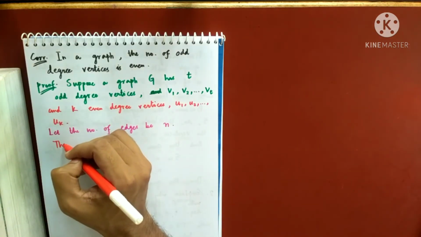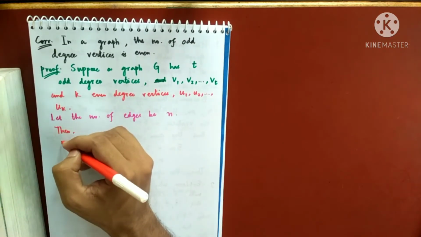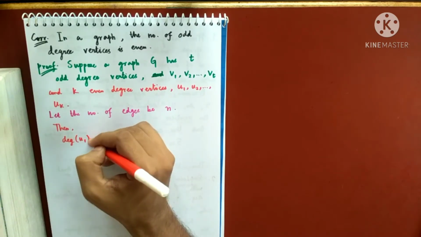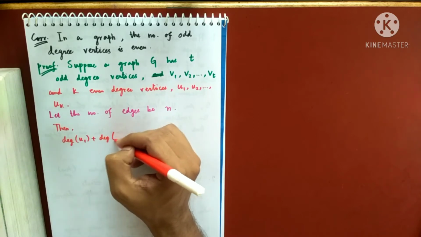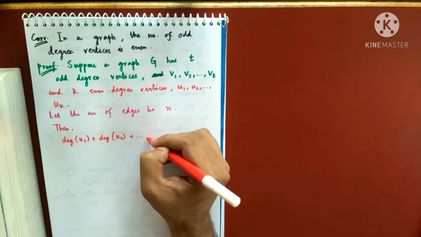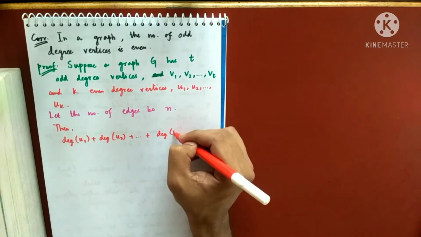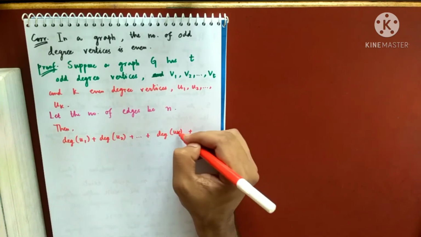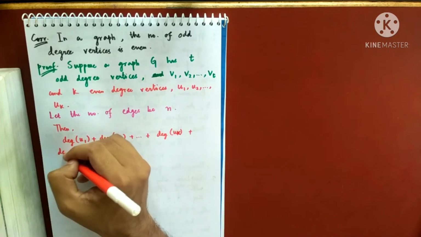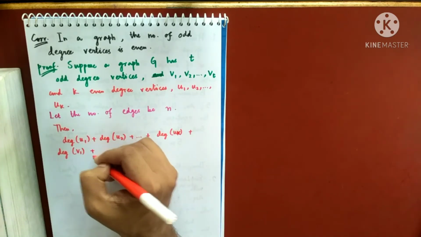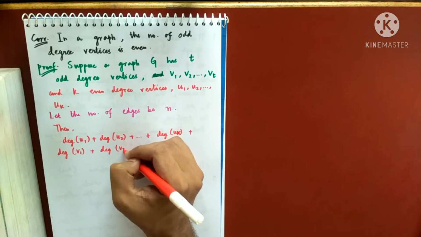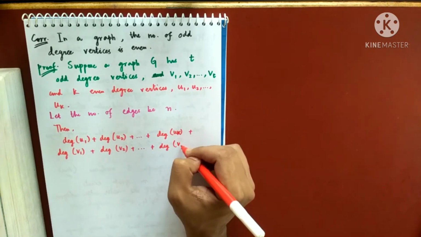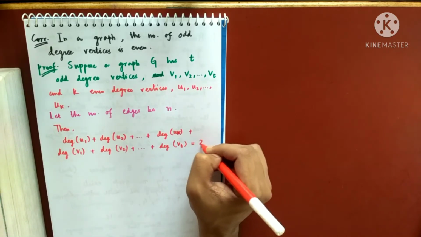Then from the previous theorem, what can I say? Degree of U1 plus degree of U2 plus degree of Uk plus degree of V1, degree of V2, plus degree of Vt is equal to 2n.